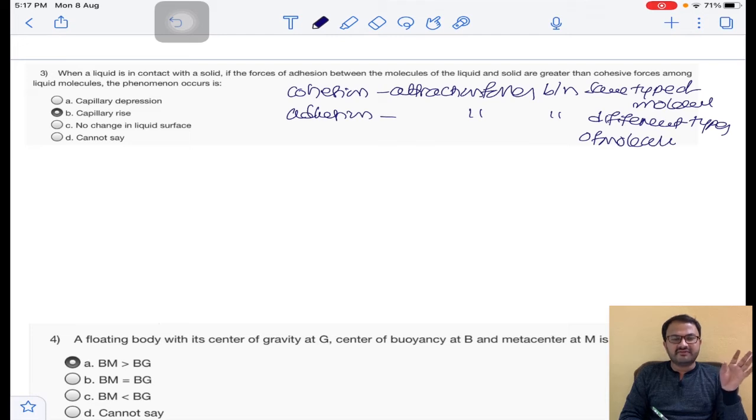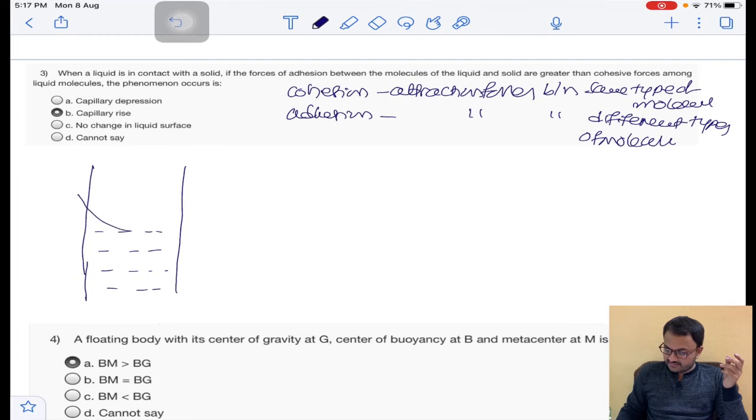Okay, so if this adhesive force is more than the cohesive force, that is, if I pour some water in the tube, it will rise. Here theta is the angle of contact, and theta is less than 90 degrees.